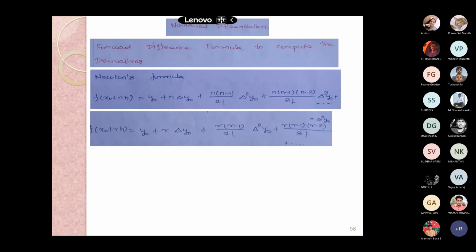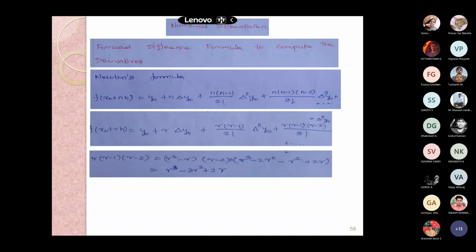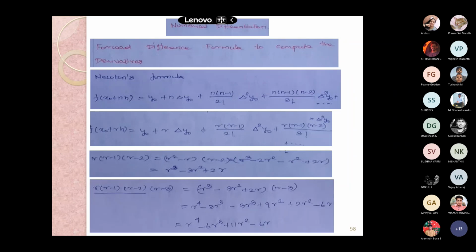What can I get? The r into r, this is the fourth term, right? The coefficient of the third difference is r into r minus 1 into r minus 2, and the result would be r cube minus 3r square plus 2r. And this is the term associated with the fourth difference of y naught: r into r minus 1, r minus 2 into r minus 3.